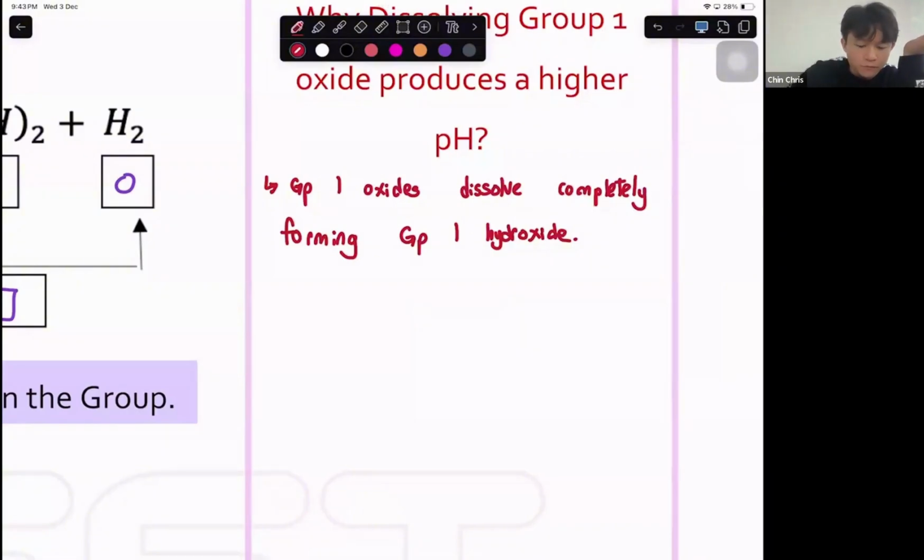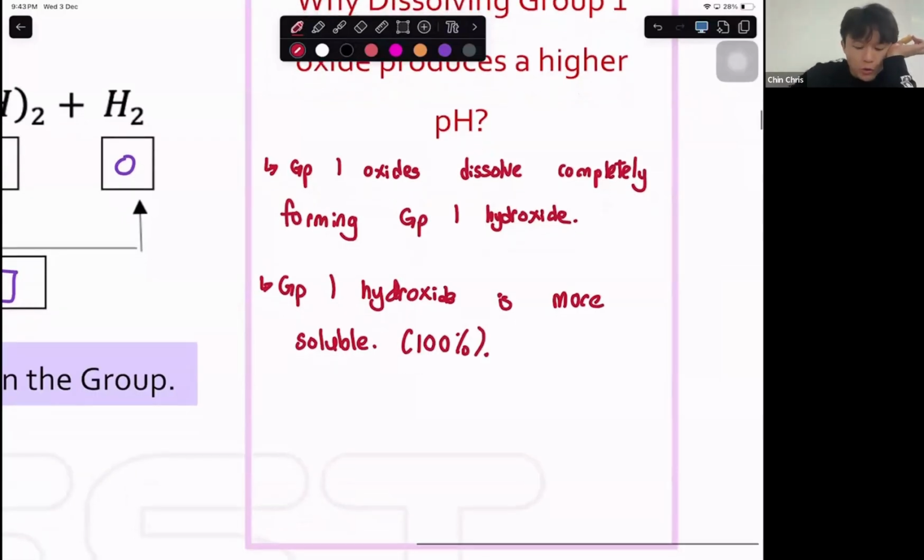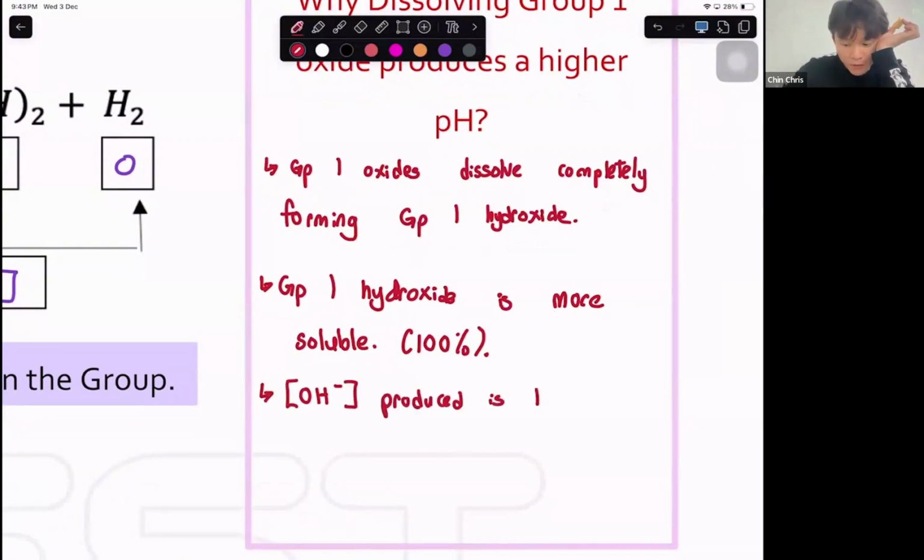And guys, group 1 hydroxide is very soluble, in fact 100% soluble. So which means the concentration of OH- produced is higher, right? Which means, the higher the concentration of OH-, what happens to the pH?